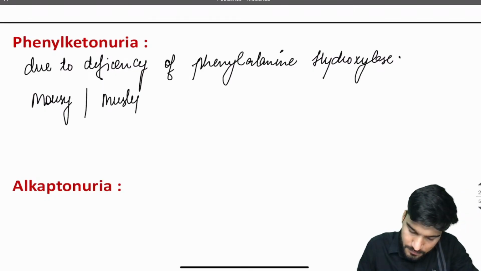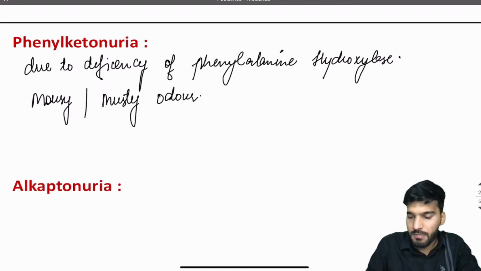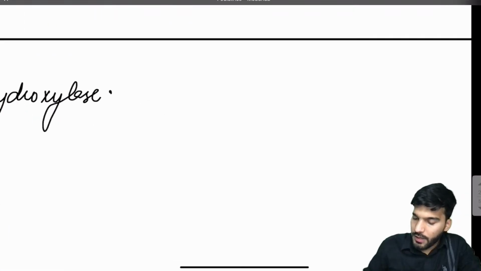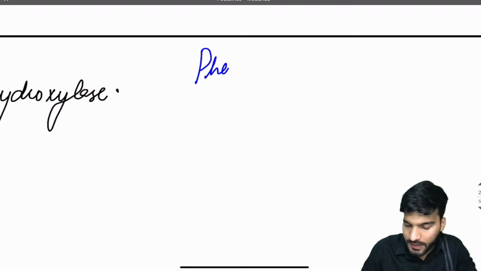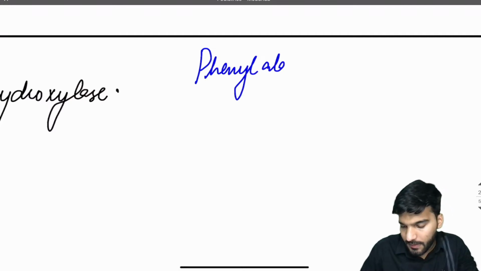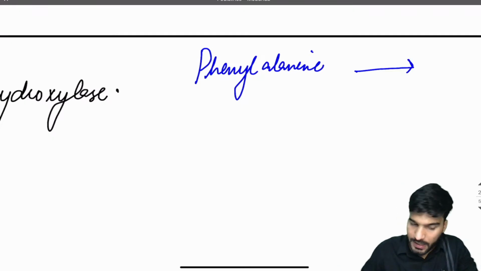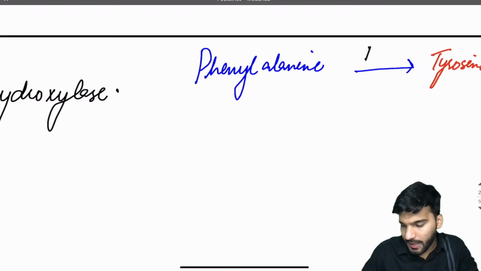And the enzyme phenylalanine hydroxylase helps in the conversion of phenylalanine to tyrosine.